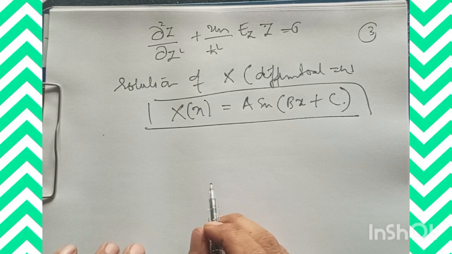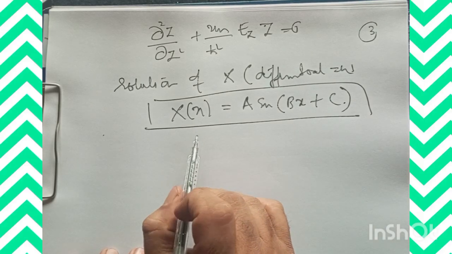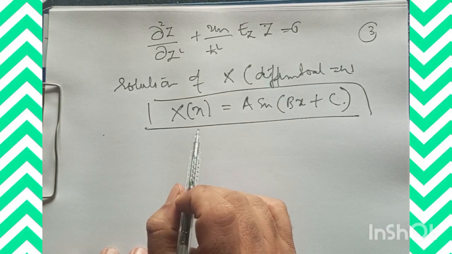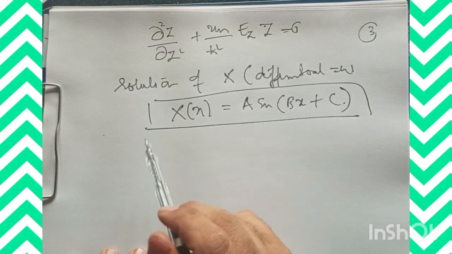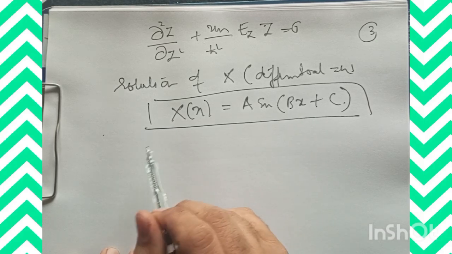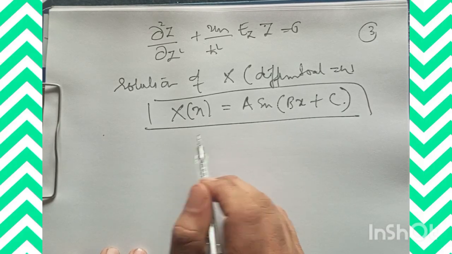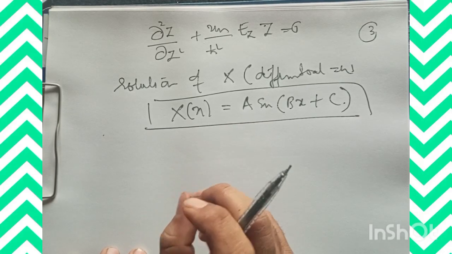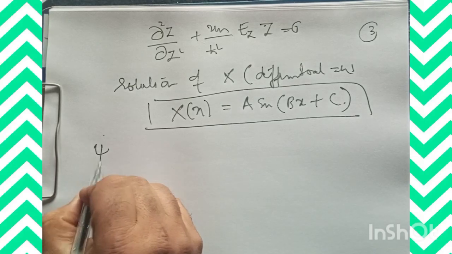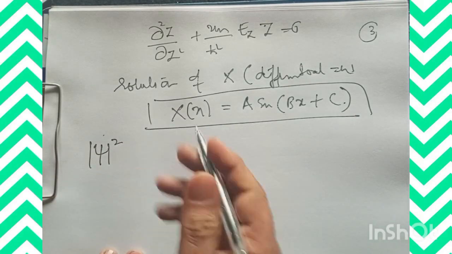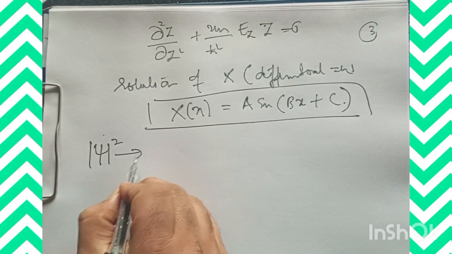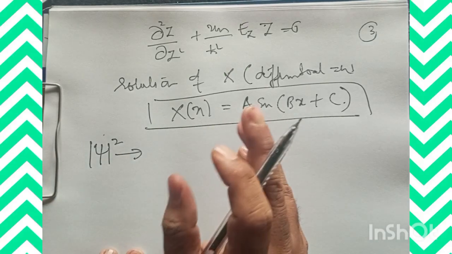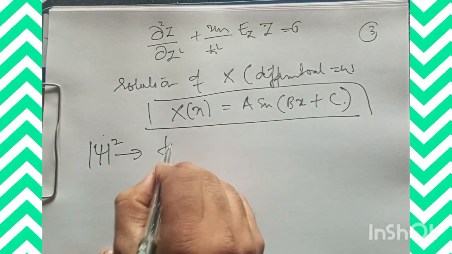As I said, a, b, and c are simply constants. Now, if we think in terms of probabilities in quantum mechanics, according to quantum mechanics, we have psi square. What is psi square? It basically represents the probability of finding the particle.